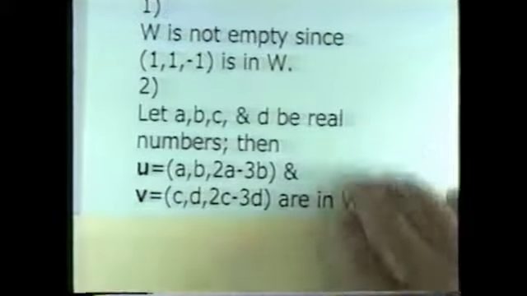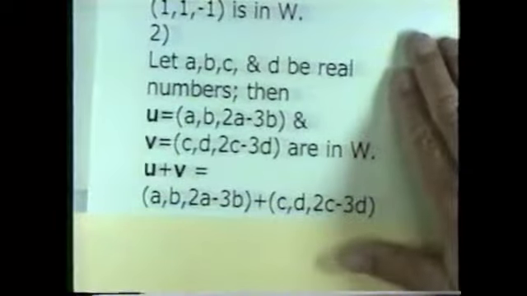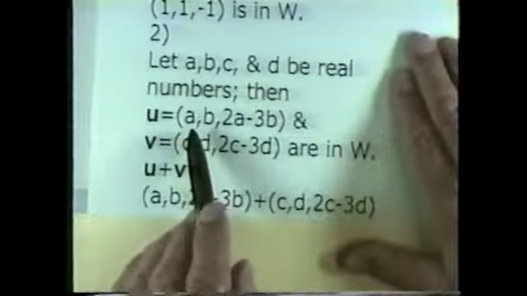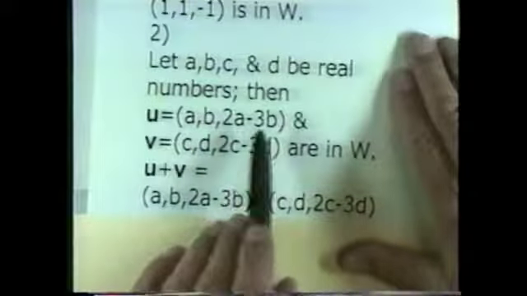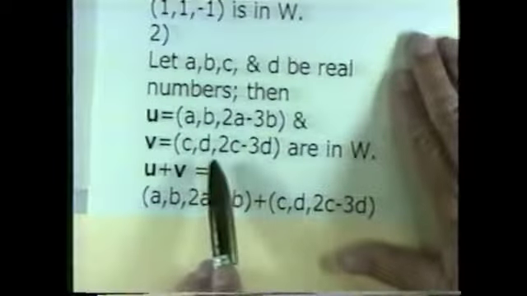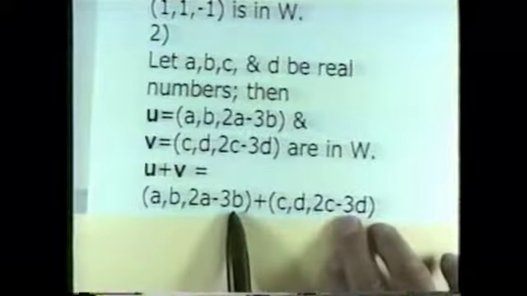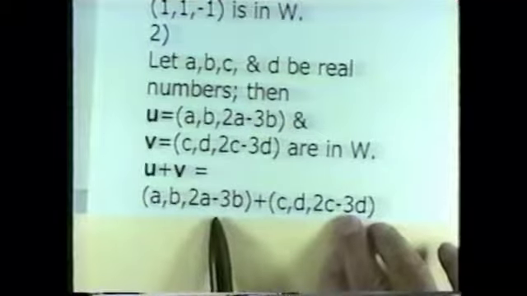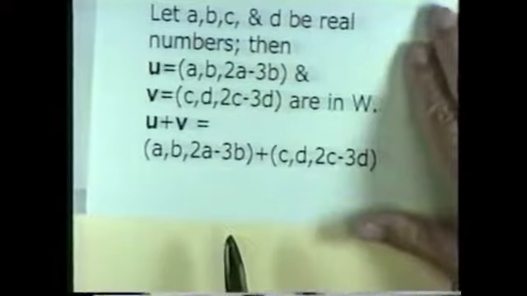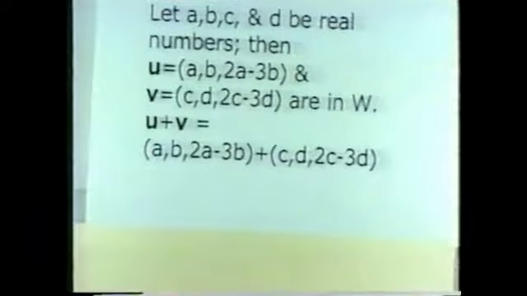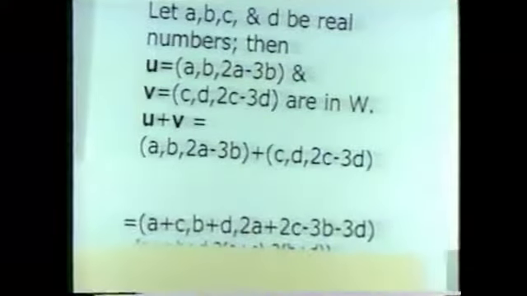Now u plus v is going to be the vectors (a, b, 2a minus 3b) and (c, d, 2c minus 3d) added together. Now we simply do the vector addition by adding the like components.